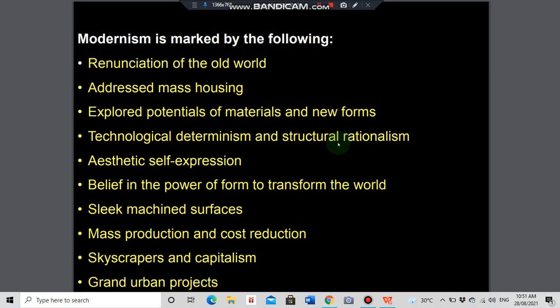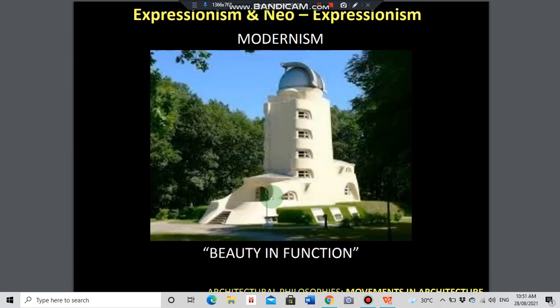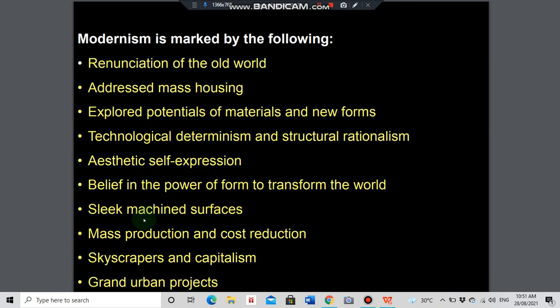Ngayon, kahit na ang kapal ng wall is 10 cm, okay lang kasi siya, load-bearing structure. So that is structural rationalism. Then, aesthetic self-expression, okay, the beauty. Then, belief in the power of form to transform the world. Then, sleek machine surfaces, meaning to say, straight and smooth in design or shape, and that is stylish and attractive.